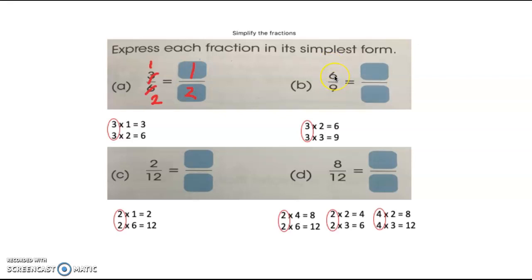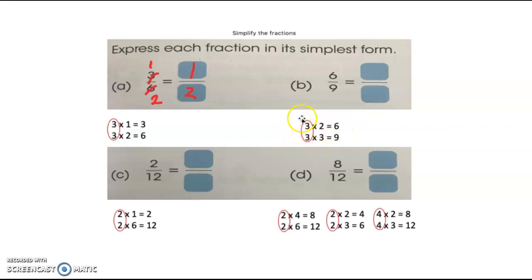For example, I have to find a number such that 6 and 9 are multiples of that number. For example, I know 3. 6 and 9 come in the 3 times table. So 6 and 9 are multiples of 3. That is, 3 times 2 I get 6, 3 times 3 I get 9.